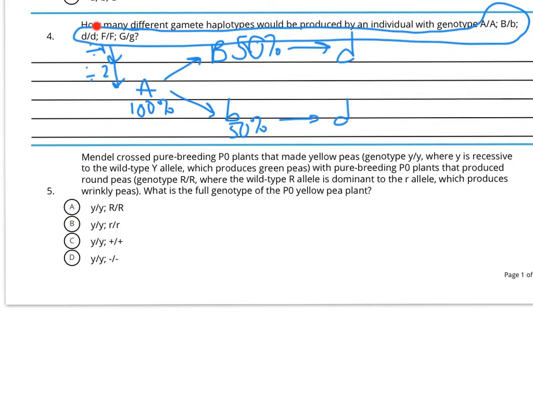There's no choice. This is independent assortment. For every different gene, whether or not you get one allele or the other is random, 50-50. What happens when we move on to F? It's homozygous. Every cell is going to have an F, capital F in this case.